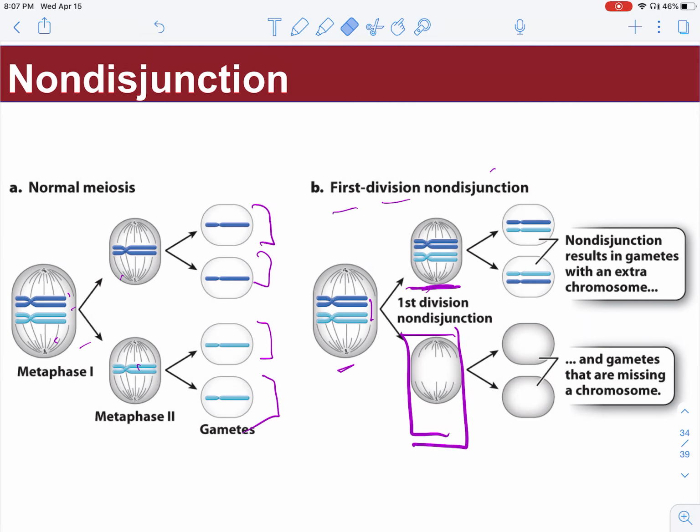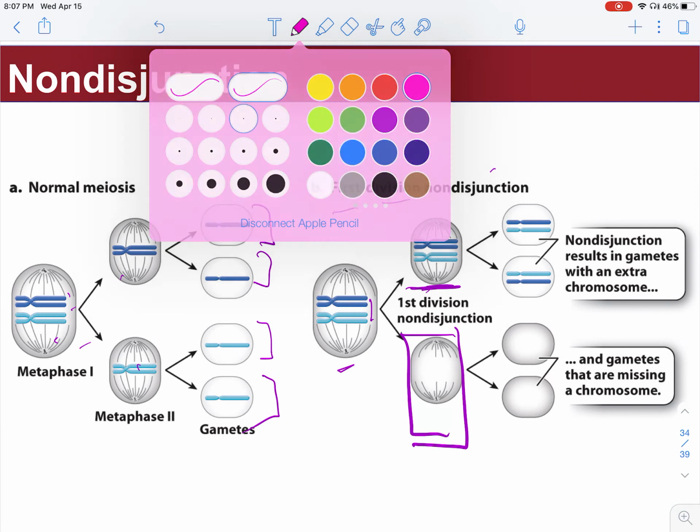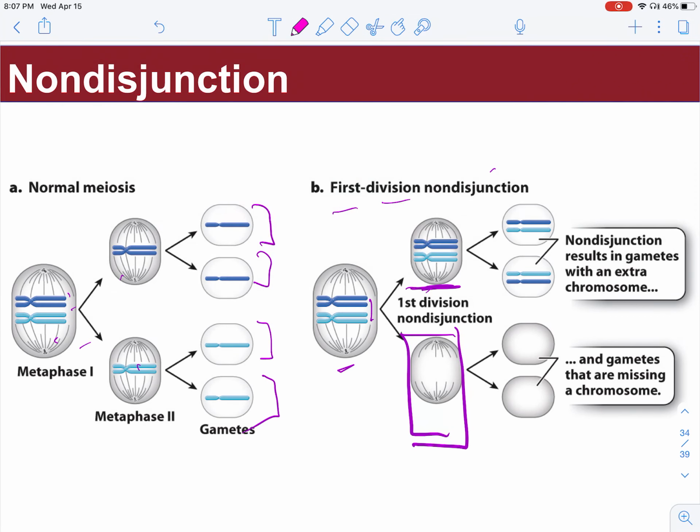And if we look for that chromosome, erase here and change the color, what do we see? Well, meiosis II occurs fine. So the sister chromatids segregate.